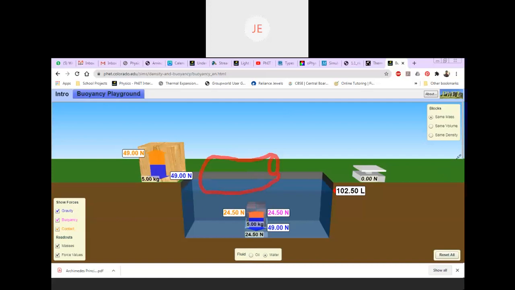If upthrust force is equal to its weight, the body just floats. So this is the relation between upthrust force and flotation or sinking. We have to think about which force is dominating there.